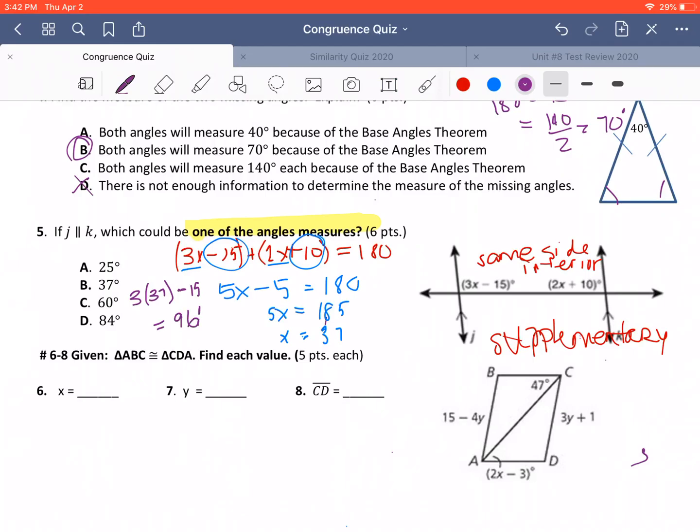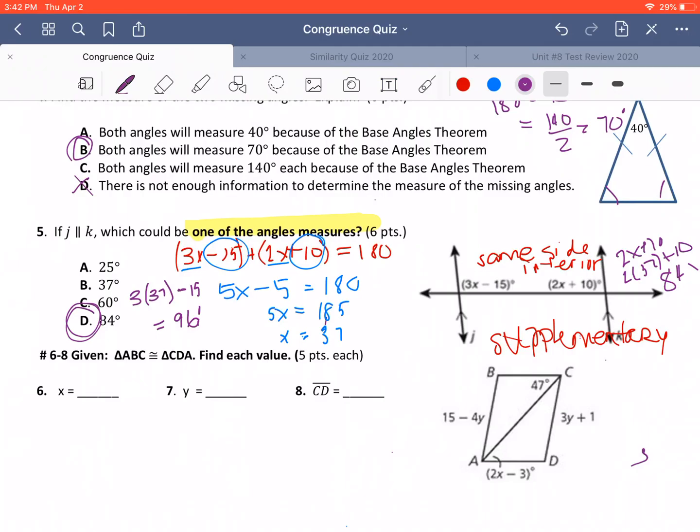That is not one of my answer choices. So let me plug it into the other one, 2x plus 10. It would be 2 times 37 plus 10, and that gives me 84 degrees. So the answer is D. We've got to make sure that we are answering the question being asked.